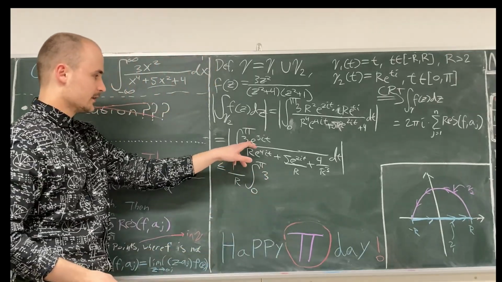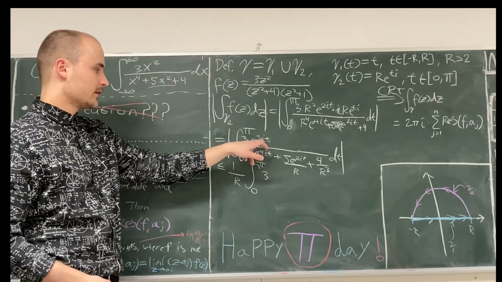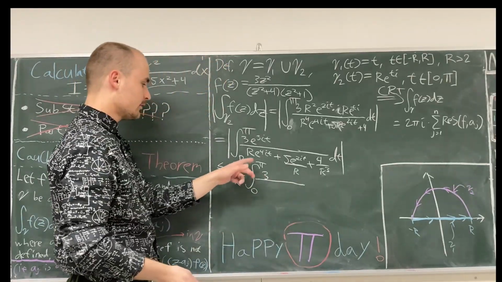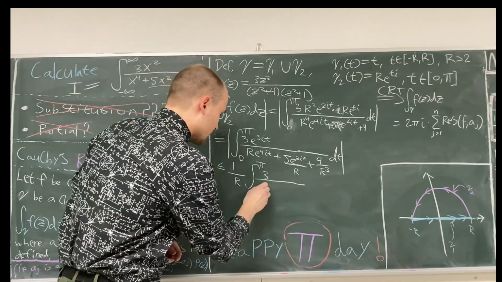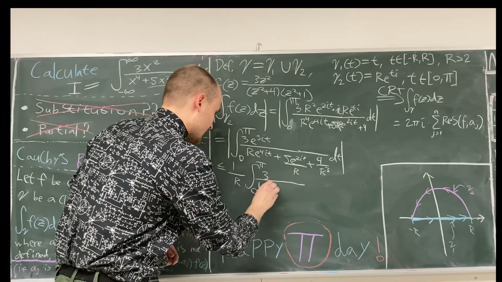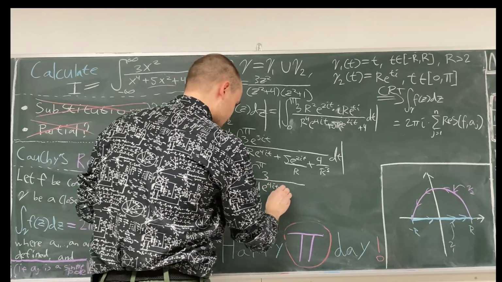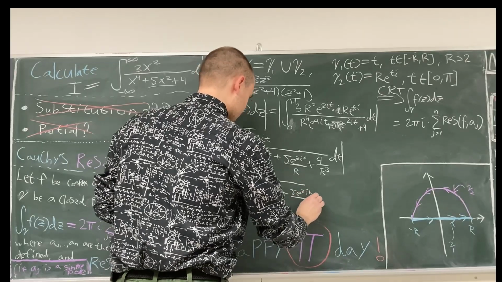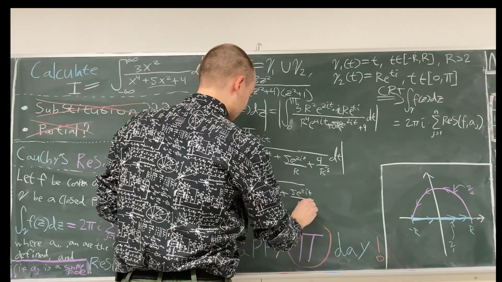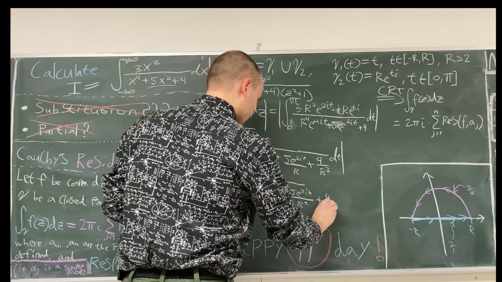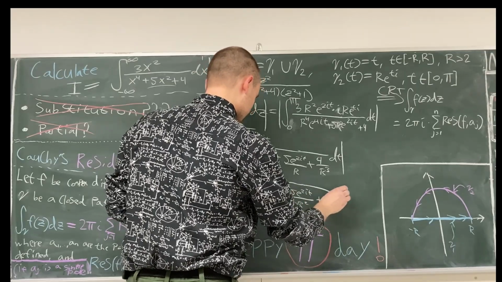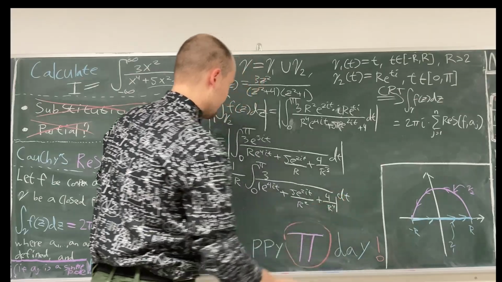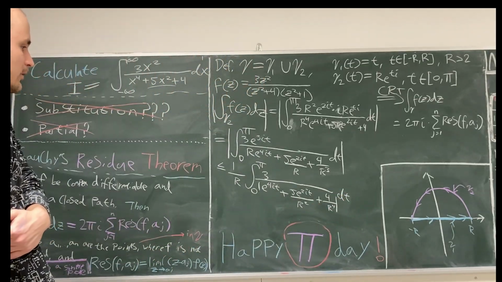Alright, so in the numerator, this e to the 3it becomes just 1, so we'll just have 3 in the numerator. So this r we have taken out, so we have the absolute value of e to the 4it plus 5e to the 2it over r squared plus 4 over r to the 4. Okay, but now look what we have.